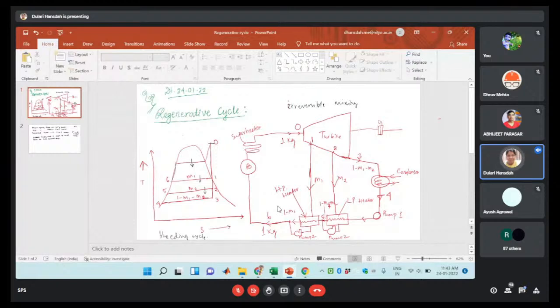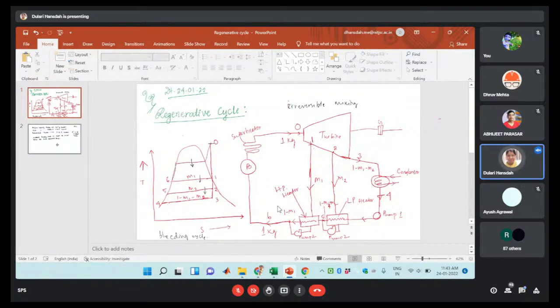Here it is the condensation. In this case only there will be the heat addition or heat exchange process. This is the actual case where we are adding heat, so that in the system itself some amount of heat will be utilized to increase the cycle efficiency.